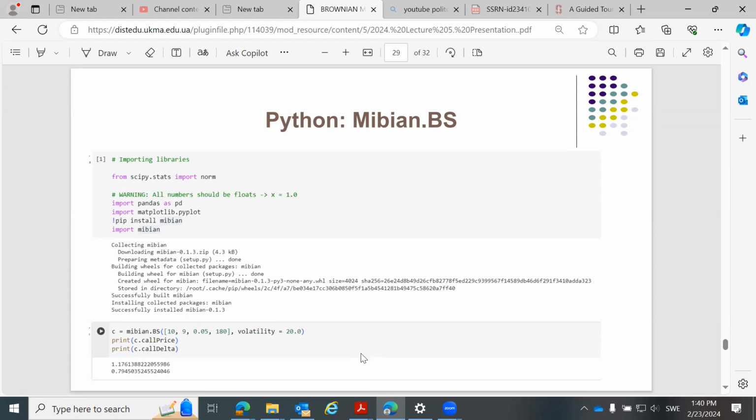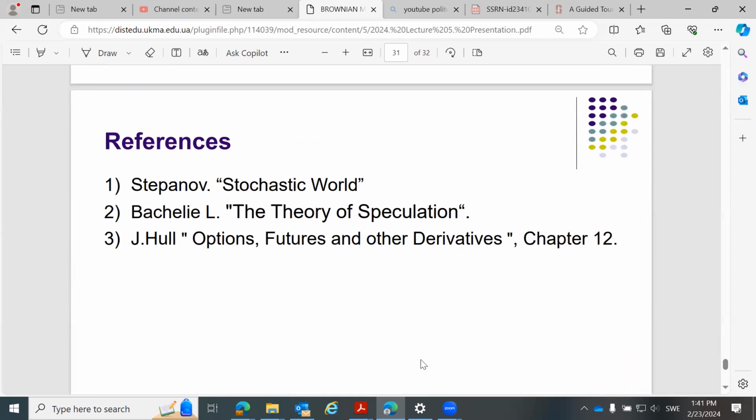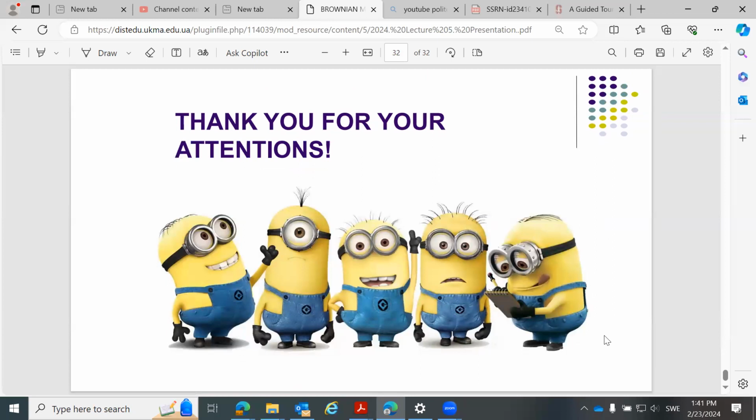But in the next lecture, we will see how Black and Scholes found the fair price, and for this they used a riskless portfolio, and it's very interesting. It is like hedging. It led to constructing a hedging strategy, and so it's very important for us, for investors. Okay, reference, and thank you for your attention.